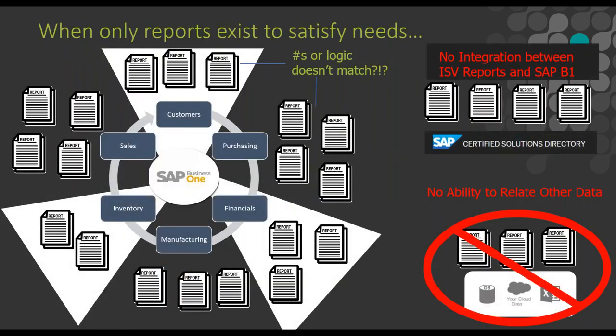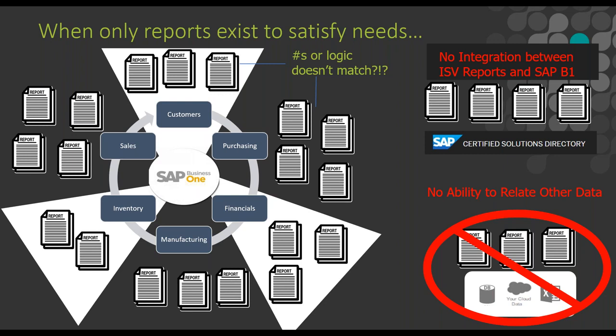One of the things we've discovered, particularly as it relates to reporting, that creates a level of dissatisfaction is that many of you may have experienced reports being built for a particular business area. The sales organization may have some reports built for them, and the purchasing organization may have some reports built for them. But because the logic was built in two different time frames, a lot of times that logic isn't exactly correct or isn't exactly matching.